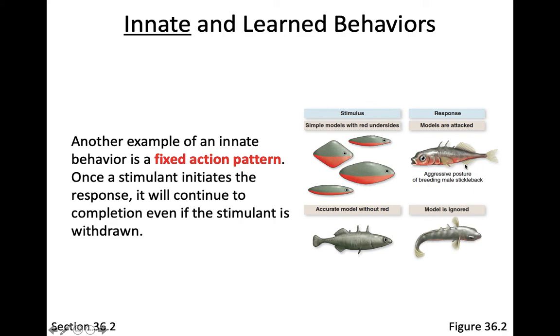But anyway, during the breeding season, if a male sees another male fish with a bright red belly, that is going to trigger a response deep inside of this organism's brain. It's hardwired inside of him. He cannot control this. Once he sees that bright red belly on the other fish, he will instantaneously go into posturing.